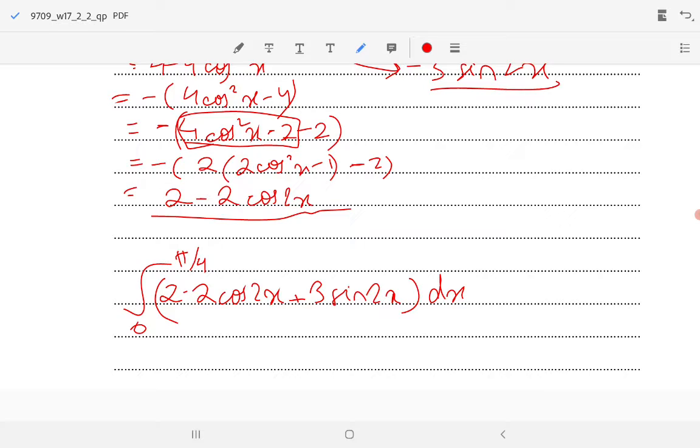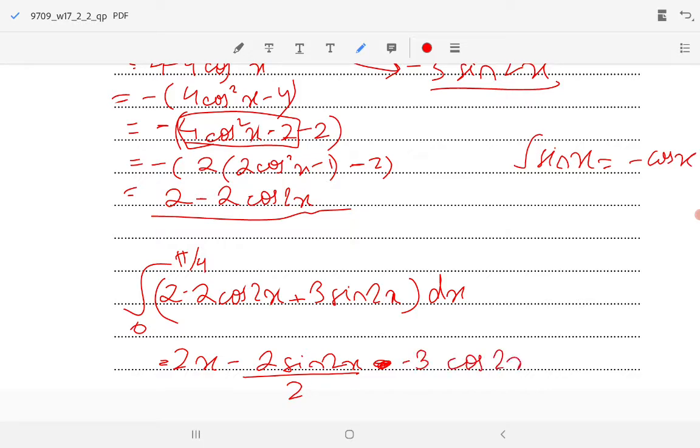We have 2x minus 2 sine 2x upon 2 plus, if you check the data booklet, the integration of sine 2x is negative cos x. So this would be negative 3 cos 2x upon 2.